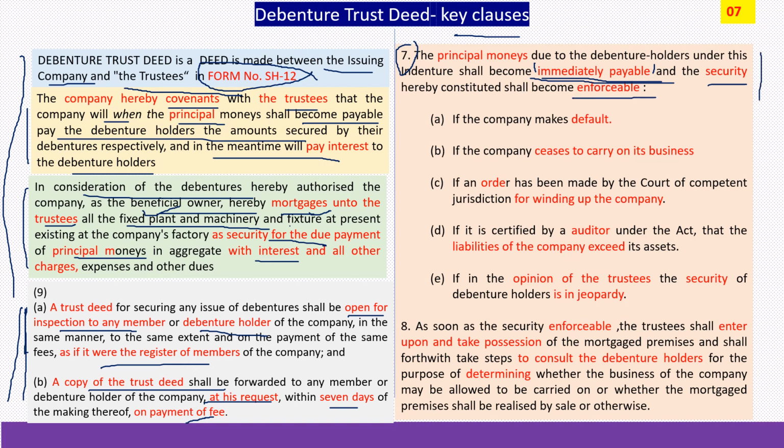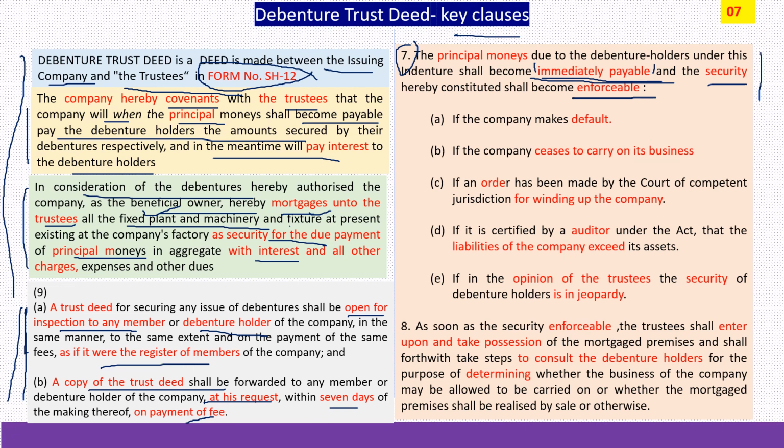These are emergency situations where the security of repayment is at stake, and the debenture trustee and the debenture holders have to take a decision. And this will be agreed in the deed in advance.